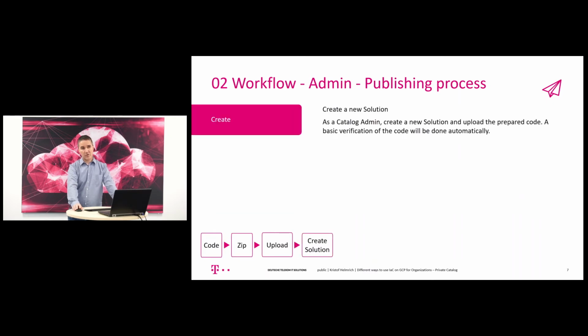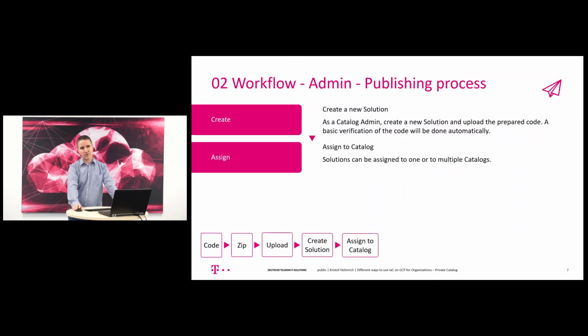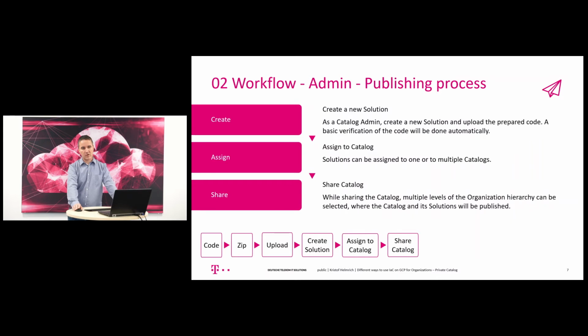Then we can create a new solution. As a catalog admin, we are able to create new solutions. We can assign the solution to a catalog, or even assign it to multiple catalogs. And as a last step, we can share the catalog on the different levels of the organization hierarchy.